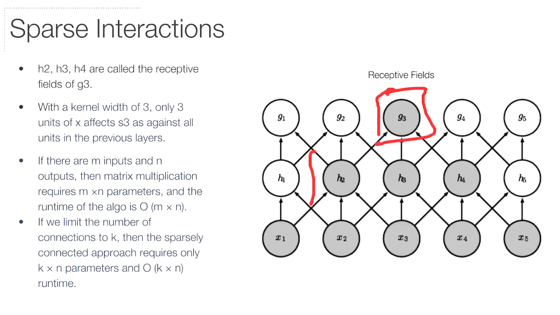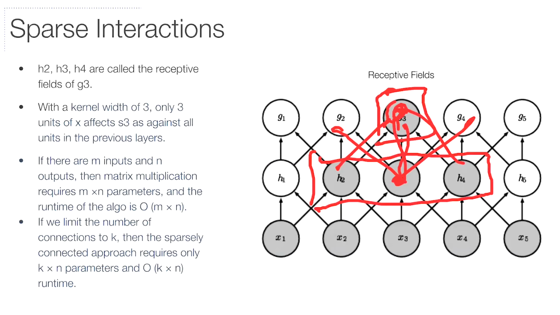If you take a node or a neuron from the T+1 layer, then this is called the receptive field of that node, which is also the width of that kernel. Not only is this connected to 3, but even this gets input only from 3. It doesn't get input from more than 3.